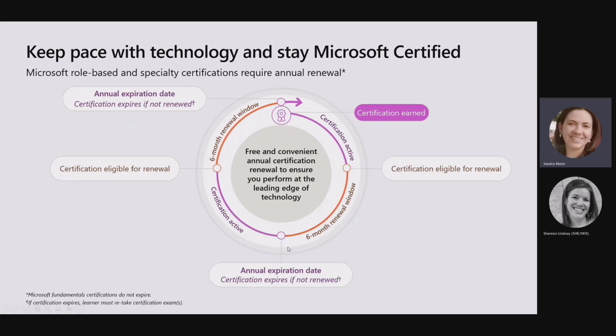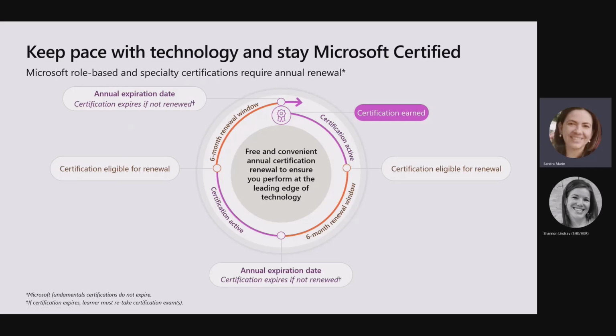But the renewal process is very simple, because all you have to do to renew your certification is take a free online assessment on Microsoft Learn. If you take this assessment and pass it, you are done for another year. And then you have the second year ready. And again, at the 6 months mark, you will be eligible to renew again. So this is an ongoing process for as long as the certification is available.